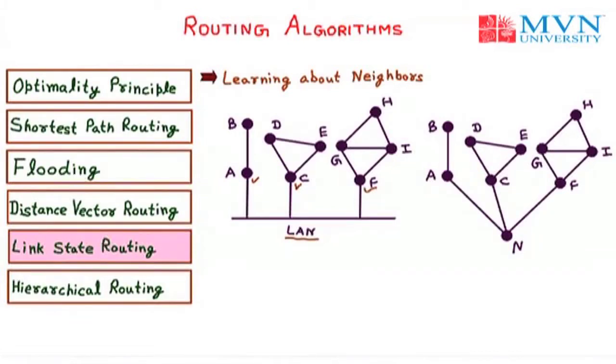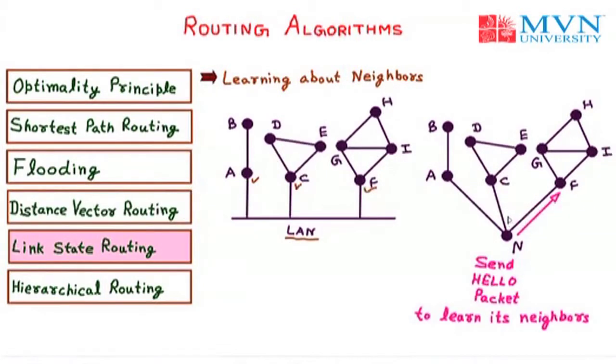Now we will send a special message, that is a hello packet, to each point-to-point line. The router on the other end is expected to send back a reply telling who it is, and the name must be globally unique. So to check out the neighbors, N will send the hello packet to C, similarly to A, and all the neighbor routers will reply back to N saying I am your neighbor.